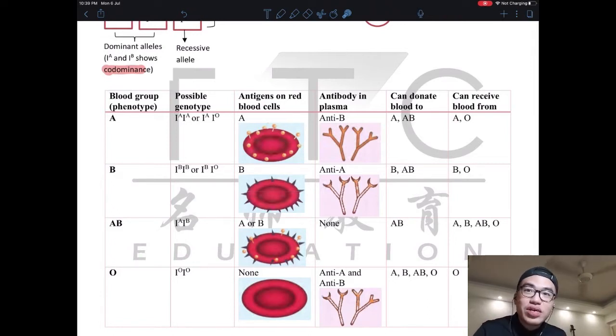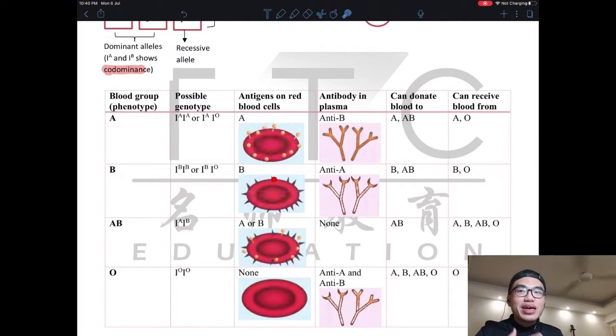So think of it this way. For blood type A, the antigen on the red blood cell is round. It's not necessarily round, but it's just a shape to differentiate and let you know. Then imagine B is a triangle.